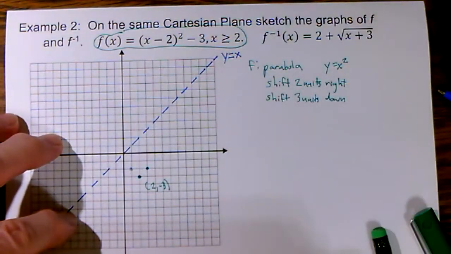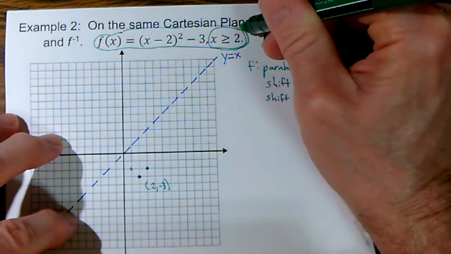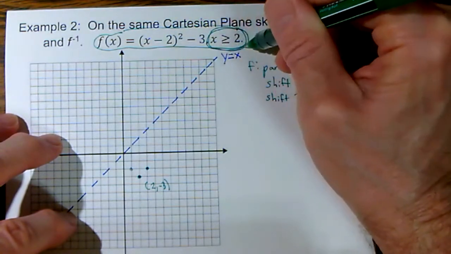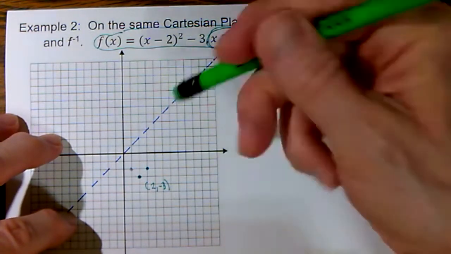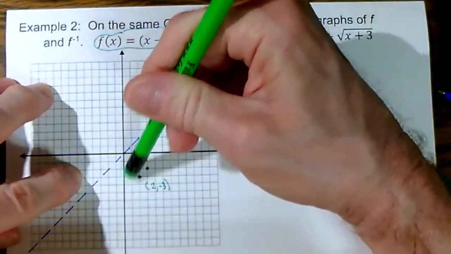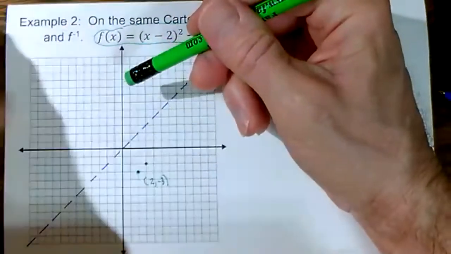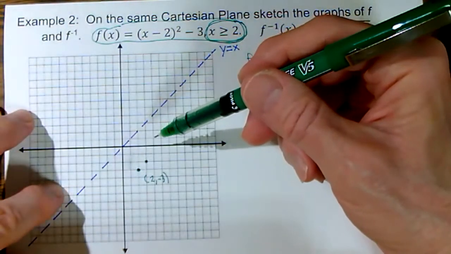But the restriction on the domain here tells me to only consider that part of the domain where x is greater than or equal to 2. So we don't look at anything in the graph that would be to the left of x equals 2. So I would not use that point. I would only use points over here.